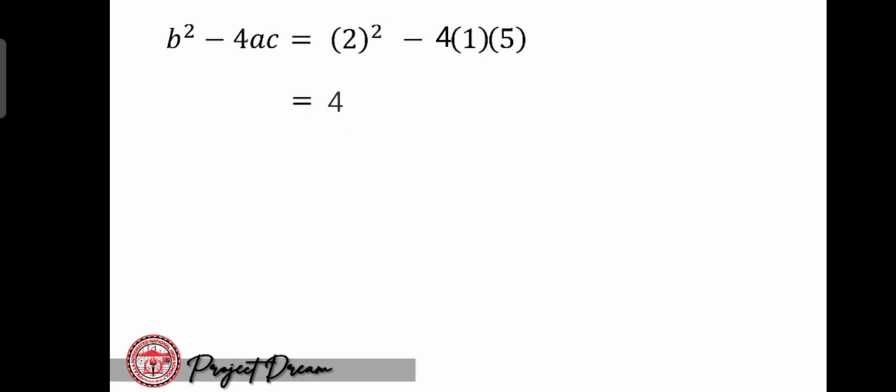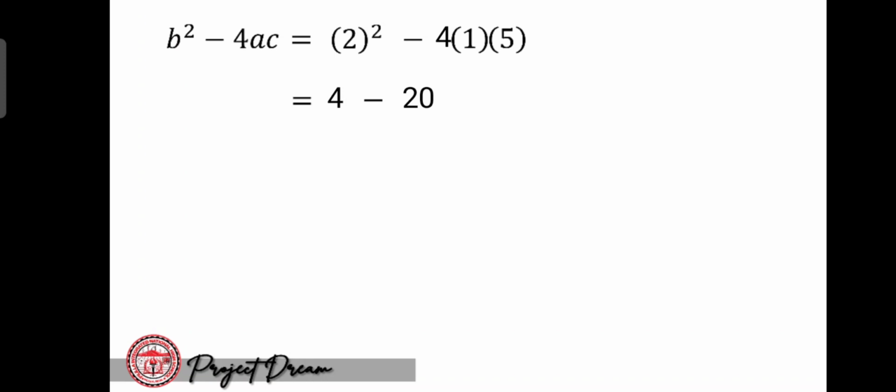So we have 2 squared is equal to 4 because that is 2 times 2, right? And then minus 4 times 1 is equal to 4. And then 4 times 5 is equal to 20. So it becomes 4 minus 20.